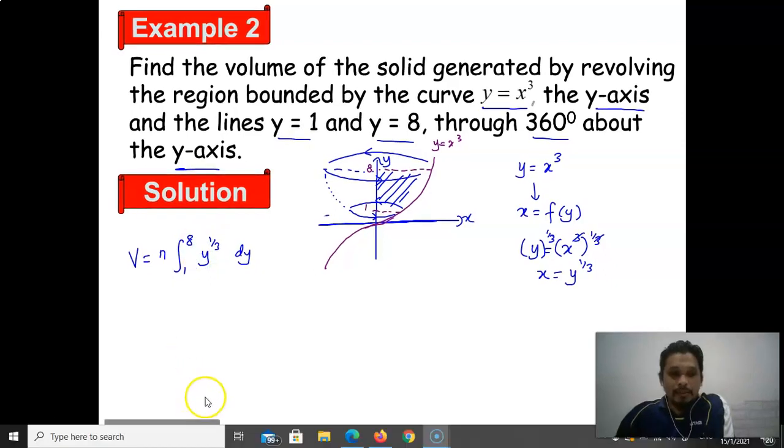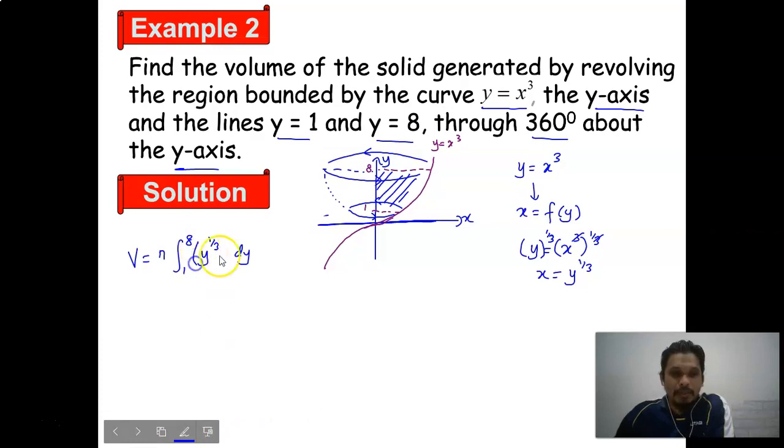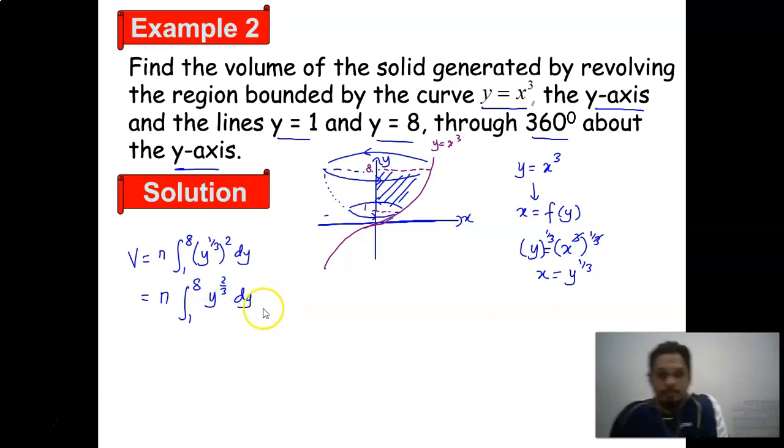Then we don't forget that we need to square it. So pi integral from 1 until 8, and 1 over 3 times 2 gives y to the power of 2 over 3 dy.